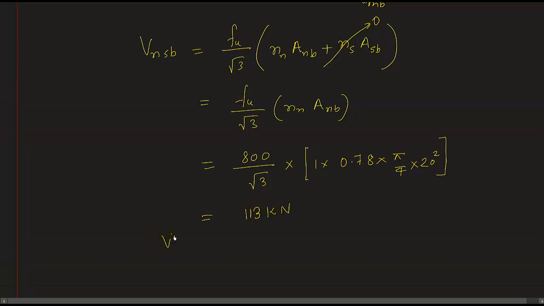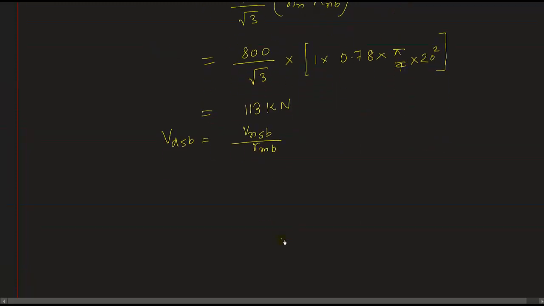Now we can calculate Vdsb, that is nothing but Vnsb divided by gamma mb, and gamma mb in this case is 1.25. So 113 divided by 1.25, this is 90.54 kilonewton.